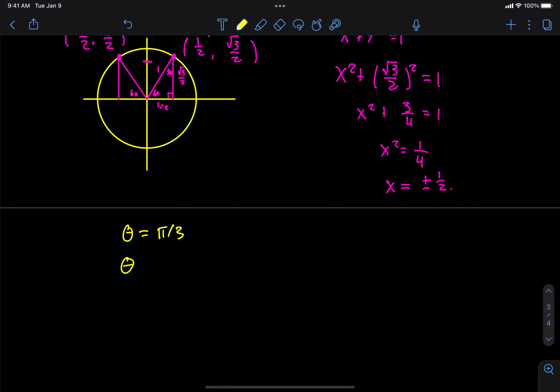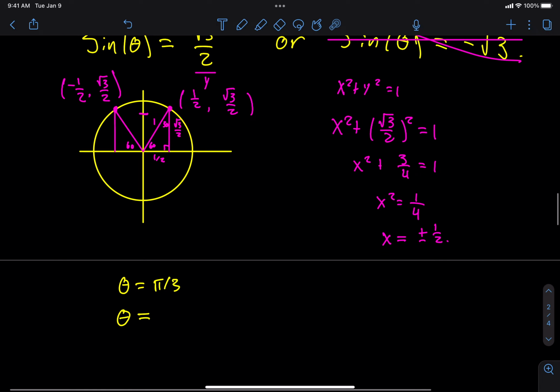What's the other angle? What's this angle shown in red here? 2 pi over 3? Yeah, it's 2 pi over 3. How did you get that? Just intuition. Well, I think it has something to do with the fact that you know this angle is pi over 3.